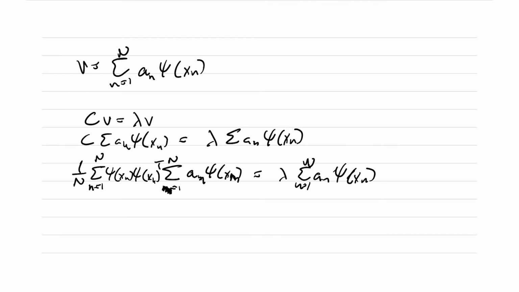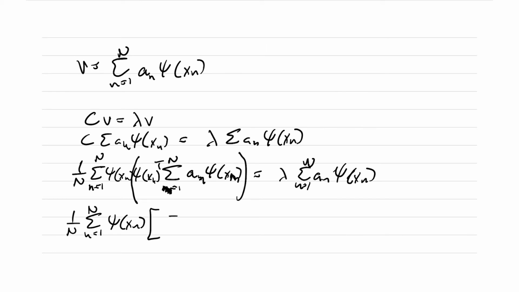Okay, so now we need to solve this. One thing we can notice is that this guy against this guy is a scalar, and in fact it corresponds to our kernel function. So it's a sum of 1 over N times the sum n equals 1 to capital N of psi of x_n, and now we can move the actual sum inside.